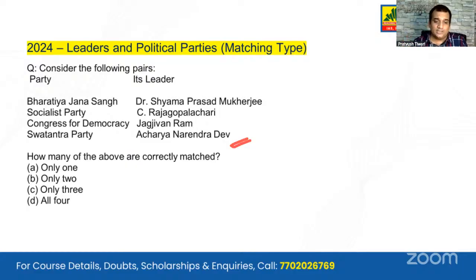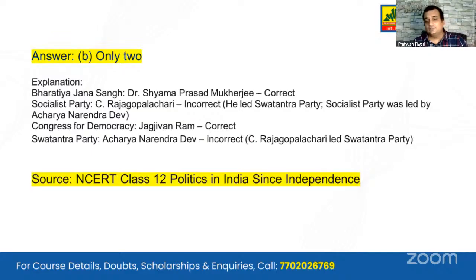Okay, they are talking about Bharatiya Jan Sangh. Today, if you know about the BJP, Bharatiya Janata Party, someday it was known as Bharatiya Jan Sangh. Socialist Party, Congress for Democracy, Swatantra: all this, if you see, is not before 1947, but that's what we say, you always have to be ready.